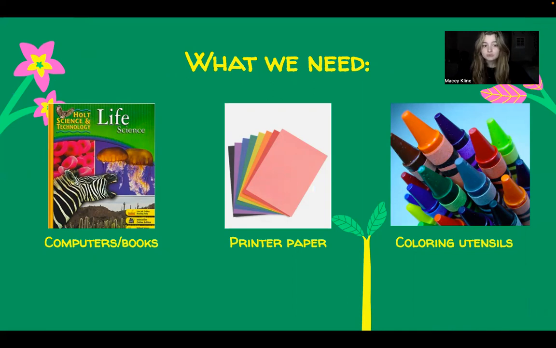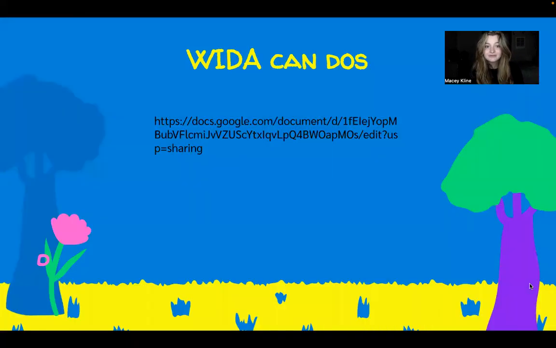But if your school doesn't, or if you would rather, you can always pop open a textbook or go to the library and get books that way, which could be more engaging for students than being on their Chromebooks because you don't ever actually know what they're doing on them. Printer paper, scratch paper, whatever the students want to use. And then coloring utensils so they can make it fun, draw pictures, or just write in fun colors, whatever they want. It's the kids' world, you know?